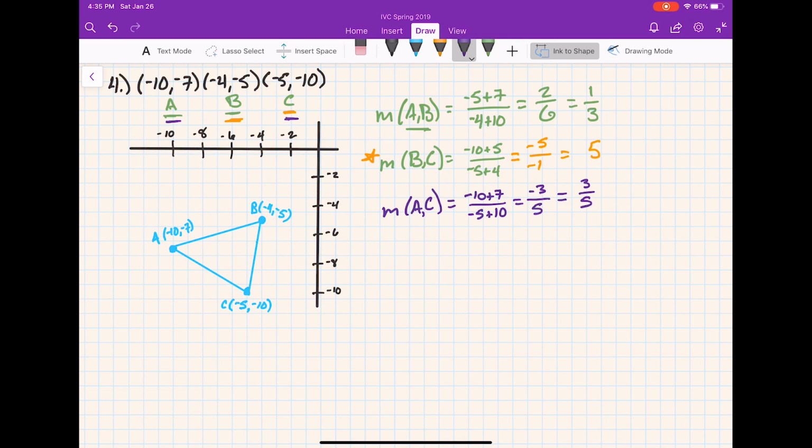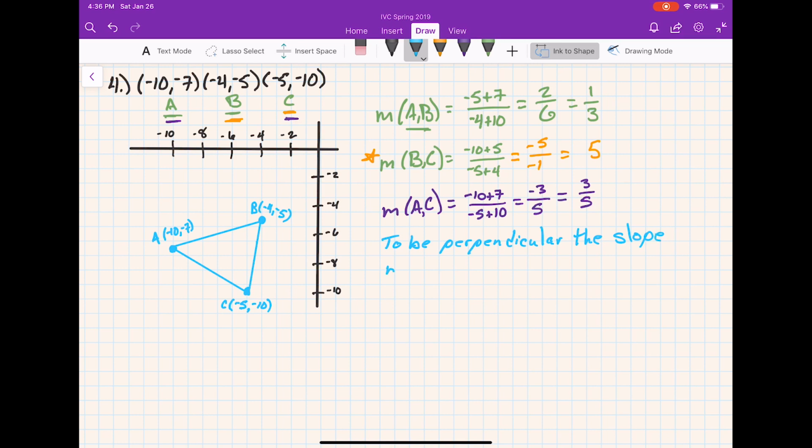Now, if I look at all these, to be a perpendicular line, the slope needs to be the inverse reciprocal. So to be perpendicular, the slope needs to be inverse reciprocal.